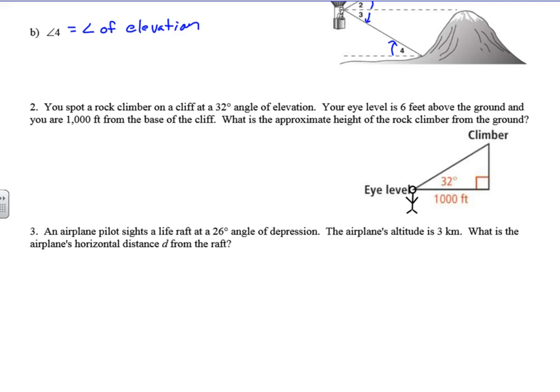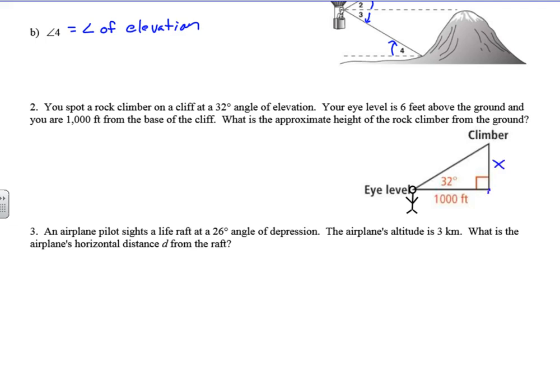So you spot a rock climber on a cliff at a 32 degree angle of elevation. Your eye level is 6 feet above the ground and you are 1,000 feet from the base of the cliff. What is the approximate height of the rock climber from the ground? So we've got this right triangle. This is representing the height here.